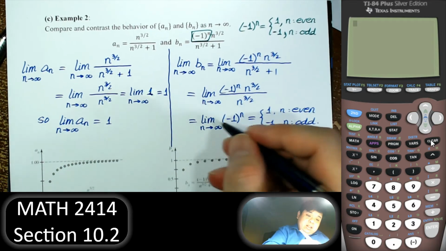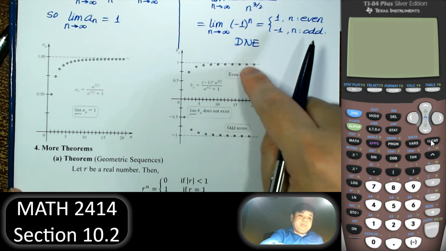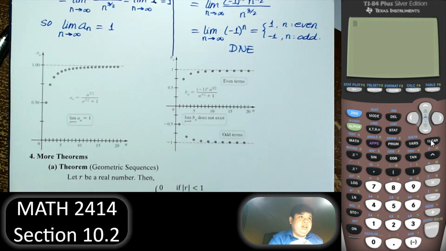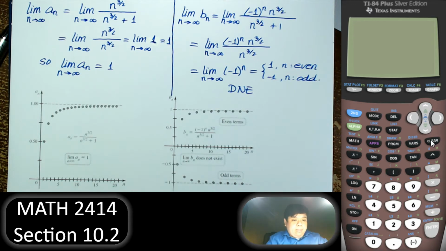Because of that, this limit does not exist, because it is changing from positive to negative. What we call this is called the oscillation, and the limit does not exist.